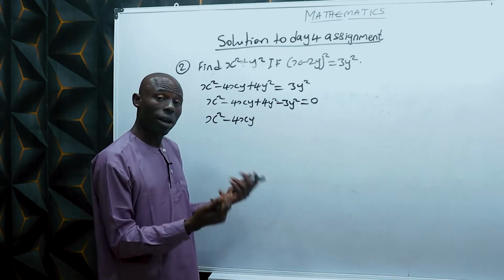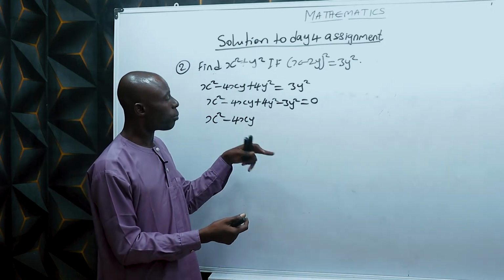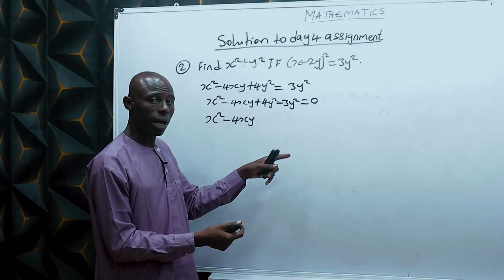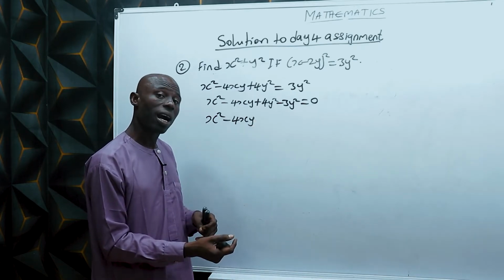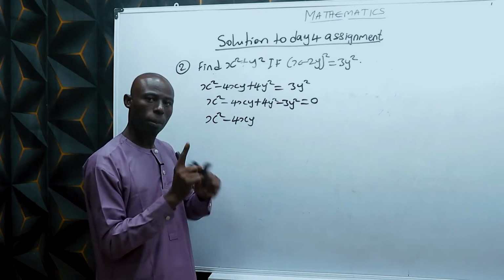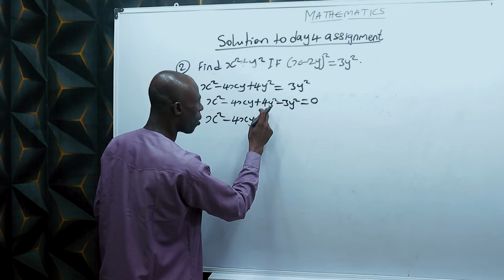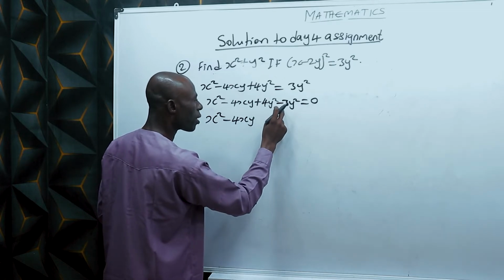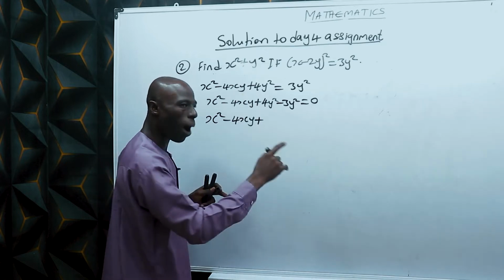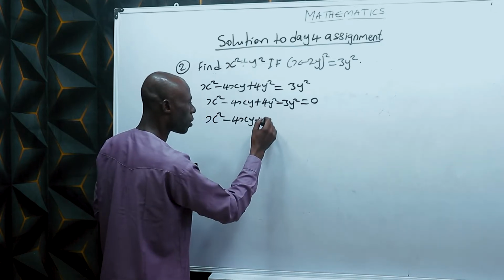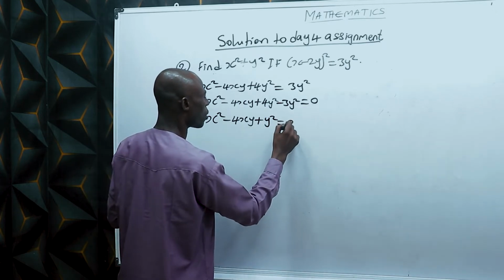If you are ready to pay your debt, you will pay the 3 oranges you are owing out of your 4 oranges, and you still have 1 orange left, positive, for you. So 4y squared minus 3y squared gives you positive 1y squared, which you write as y squared. You don't need to write 1 with it, equals 0.